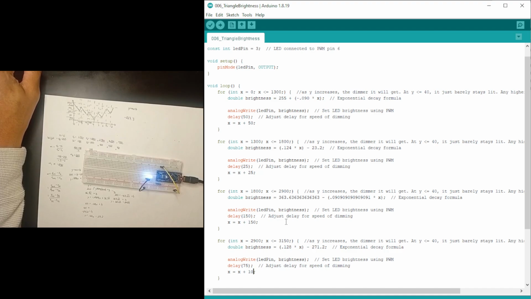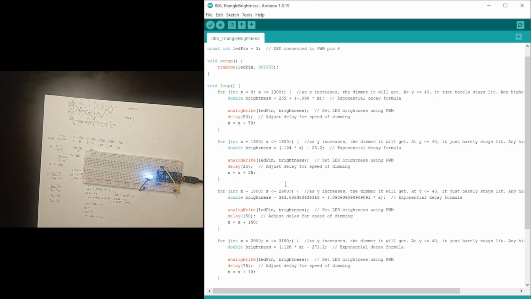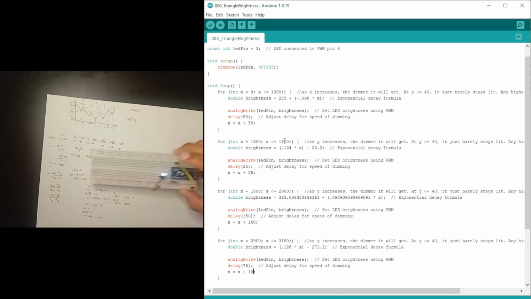I could have done this a different way too. I could have just said each one starts at x equals 0, but make the span the difference between them. So this could have been 0, it could have been 500. Would that have made the equation easier?